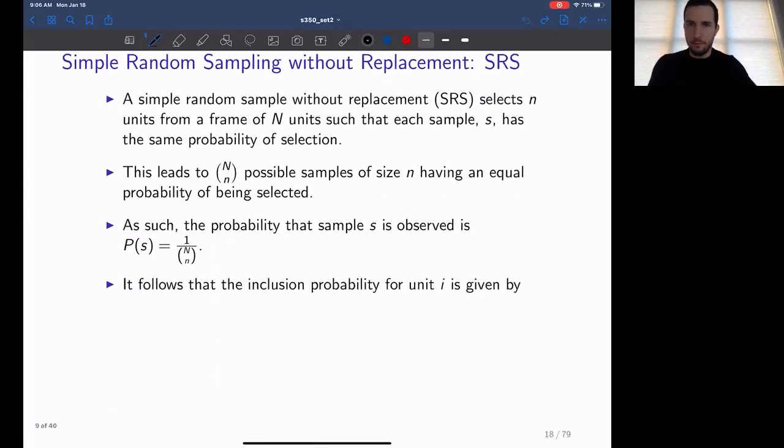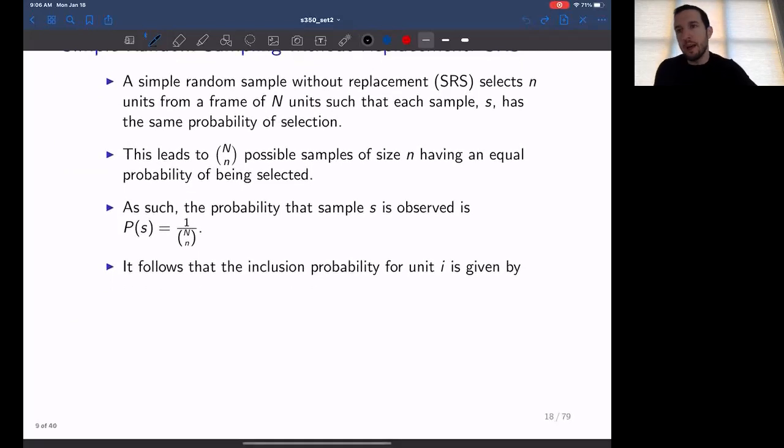So simple random sampling gives each sample in the frame the same probability of being selected. We can show that if the frame is capital N units, and we want to select a sample of size little n, then there are capital N choose little n different possible samples of the same size that are available to us.